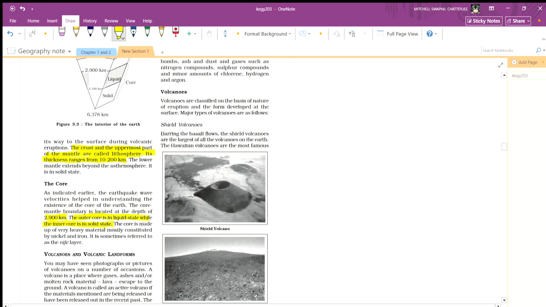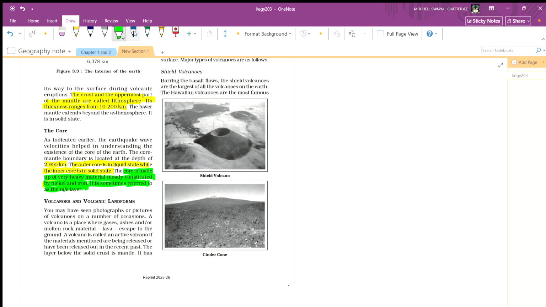The core is made up of very heavy material, mostly constituted of nickel and iron, and it is sometimes referred to as the NIFE layer.